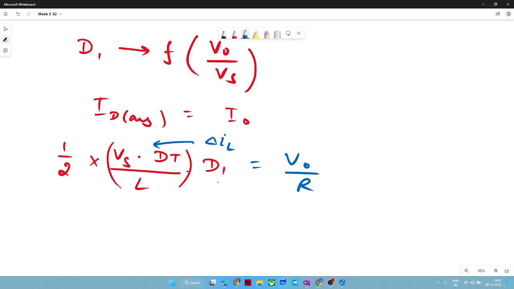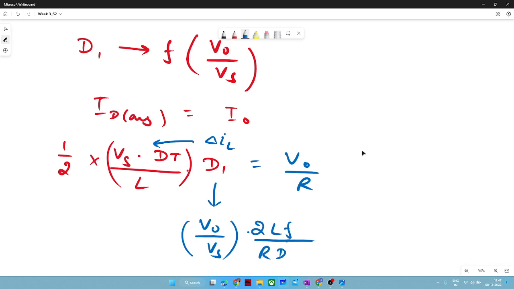Okay, and again I am writing D1 in terms of V naught by Vs, so I will put D1 as V naught by Vs into 2L by R Df.